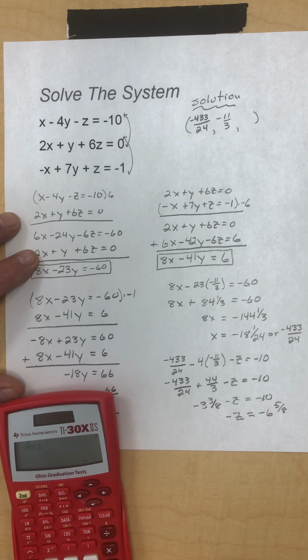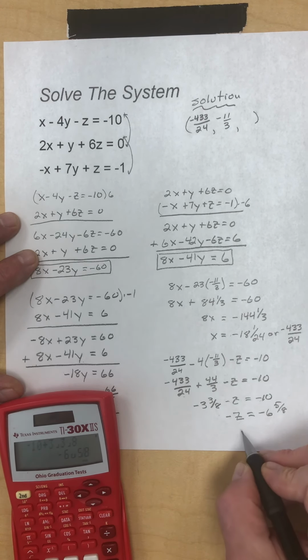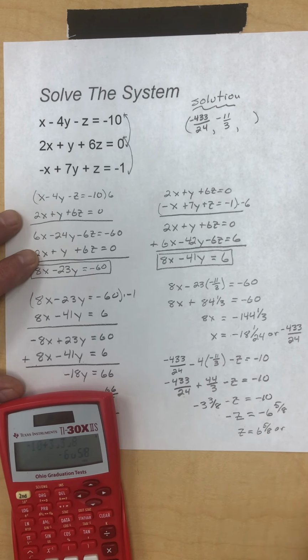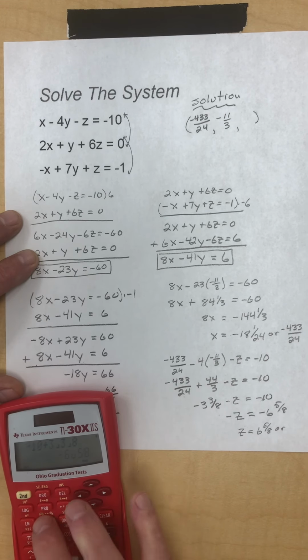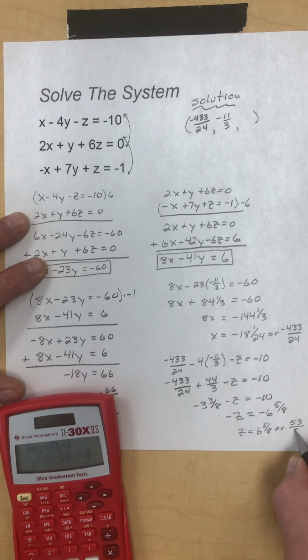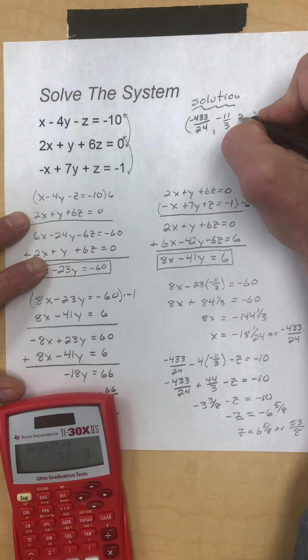I'm going to check that, make sure that works. Negative 10 plus 3 3/8. Yep. And so obviously z is 6 5/8, or that would be, let me see, 53/8. Okay, so we've got 53/8.